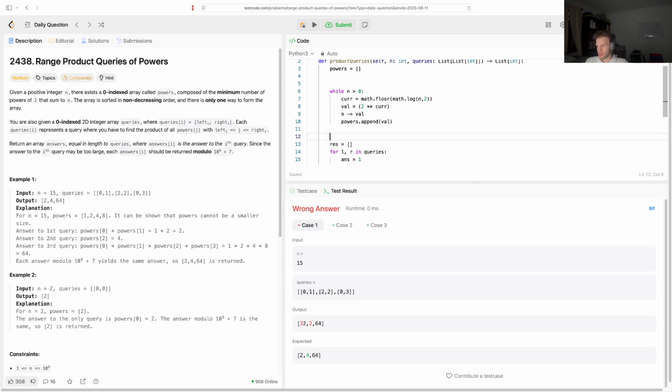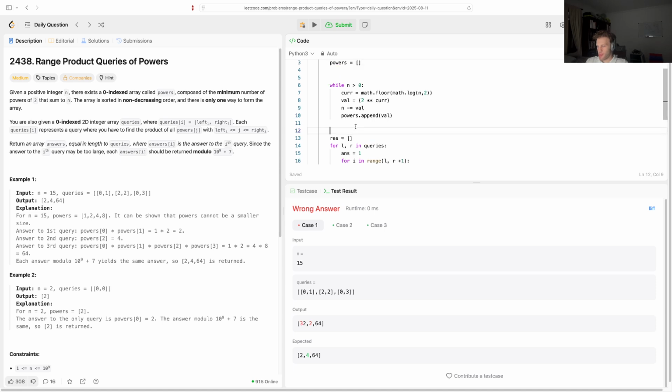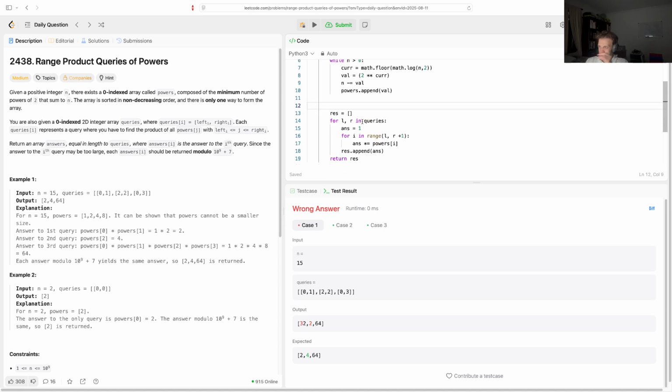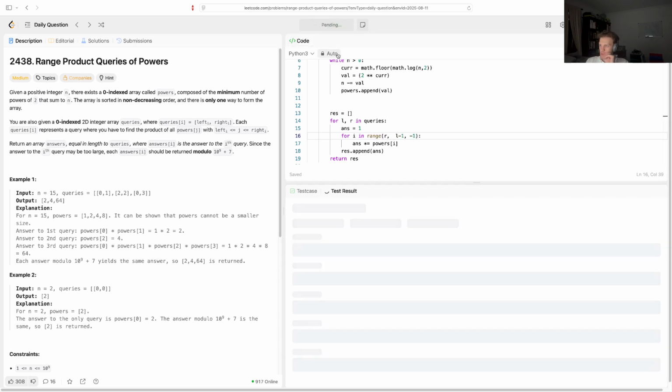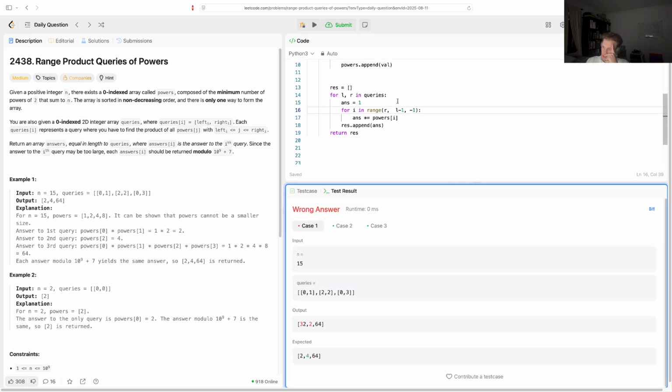Powers has to be reversed. An easy way to do that? Or do we want to just do it like this? We could just do L minus 1, I think. All right, we'll just reverse it because we don't want to have to switch.